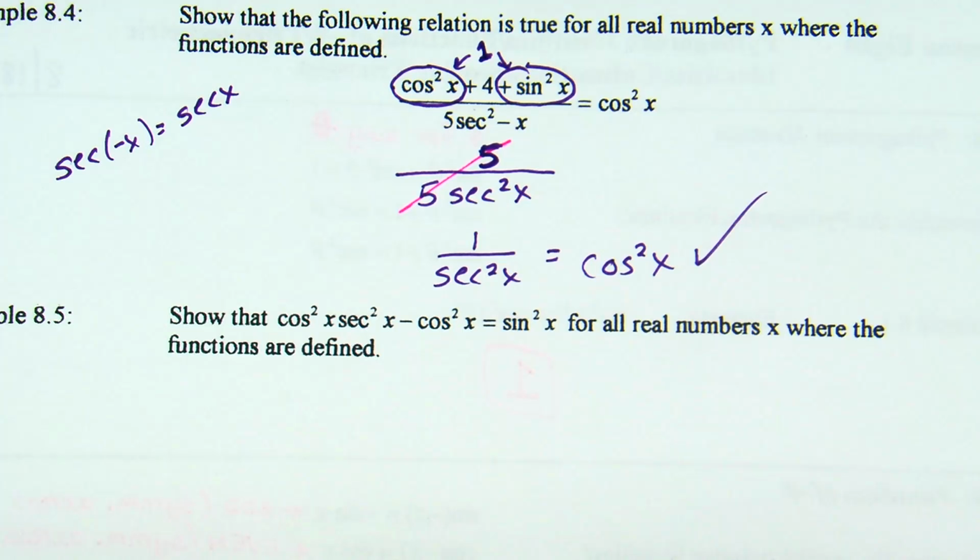Okay, one more. Show that cosine squared x secant squared x minus cosine squared x equals sine squared x for all real numbers x where the functions are defined. Starting thoughts?